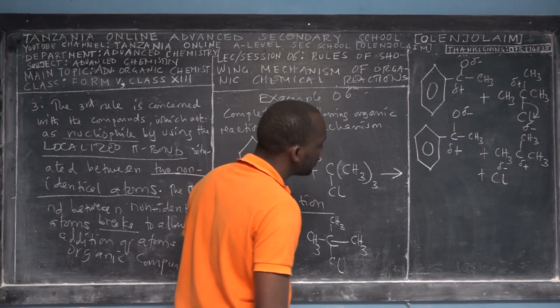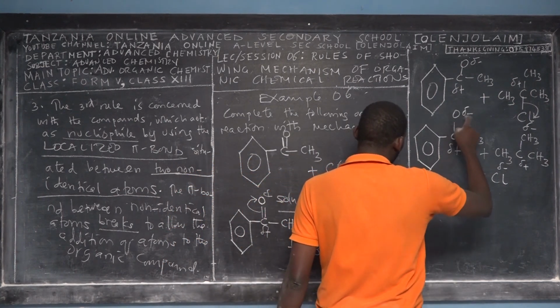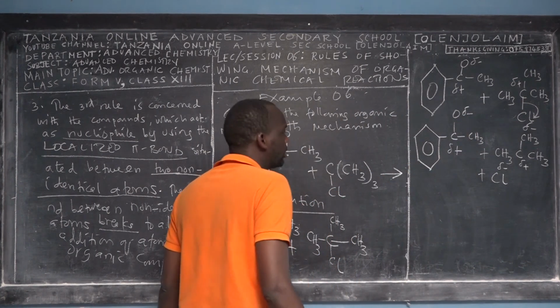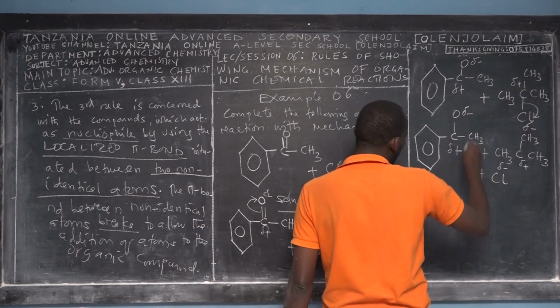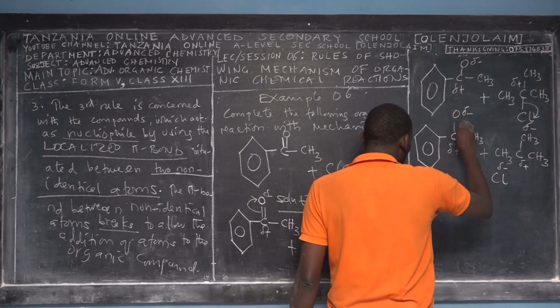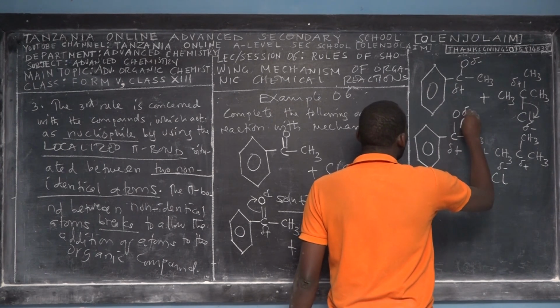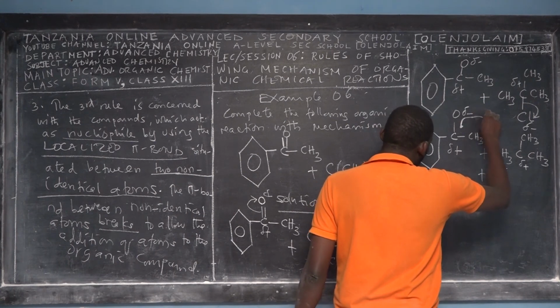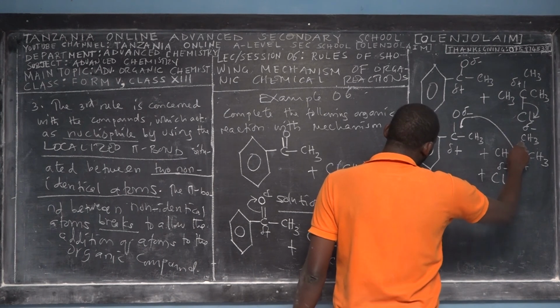So what happens here? Listen. This is the nucleophile, this is the electrophile. So this will be acting like a nucleophile. A nucleophile is nucleus-loving, not electron-loving. So remember that, just like in the previous rule, the arrow will start from here and pass through the oxygen, which will take the incoming electrophile.